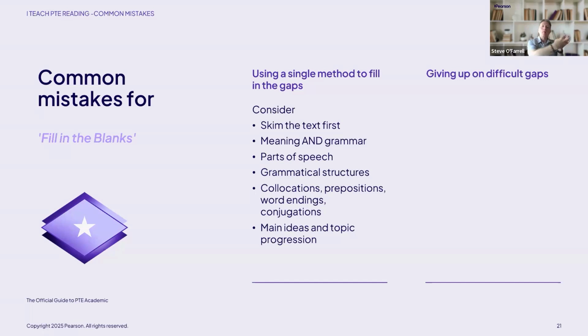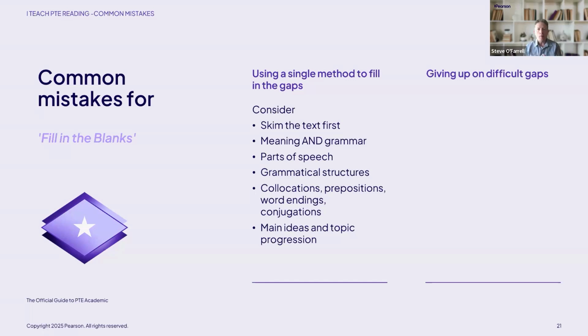Link meaning and grammar. The grammar surrounding the space and the grammar of the word options can be helpful. These are things like, again, parts of speech: noun, verb, adjective, etc. It might be a grammatical structure. There might be clues around the space to tell you whether it is a simple present tense or a third conditional, something like that.